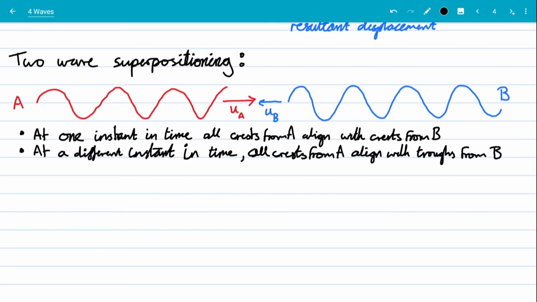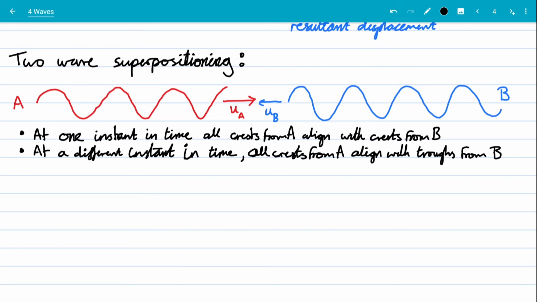But what that means is that you are going to see the superposition of these. At some points in space, the displacement becomes really high, a super crest, and then half a time period later, where there was a super crest, there becomes a super trough, and it will oscillate between them.